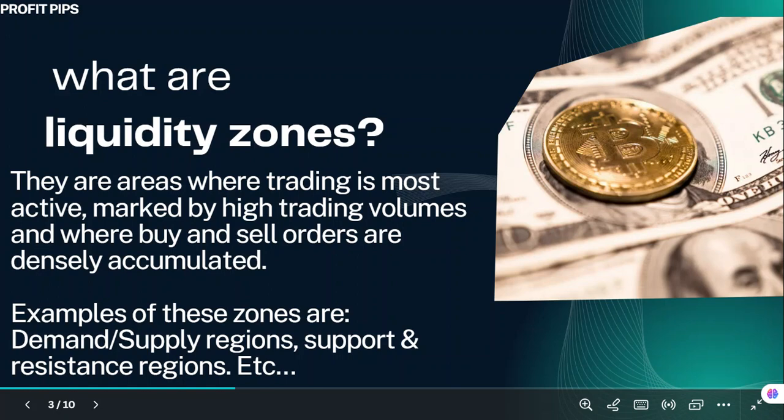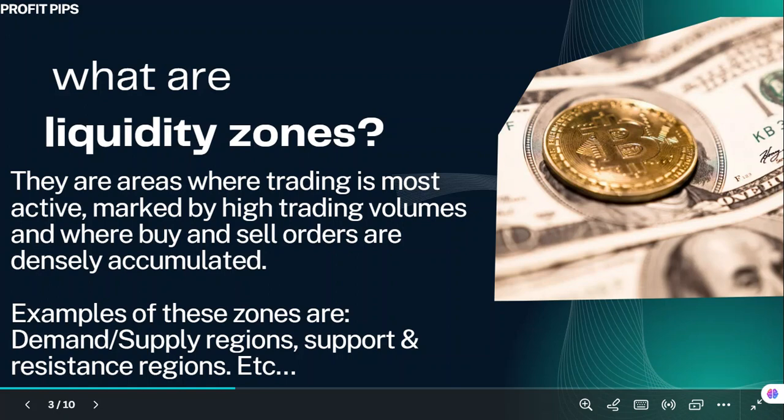Examples of liquidity zones are your demand and supply, your support and resistance. Why is this so? It is because in those regions there is a high interest from buyers and sellers, and they tend to stack up market orders there. For example, you can anticipate where a trader might set his stop loss, take his entry, set his take profit, or place a sell stop or buy stop.